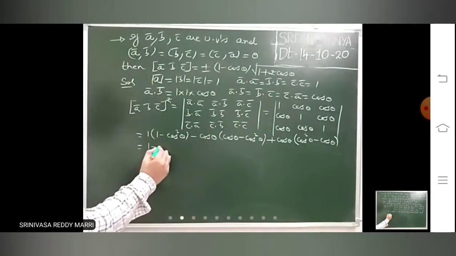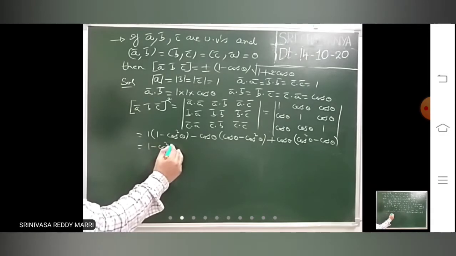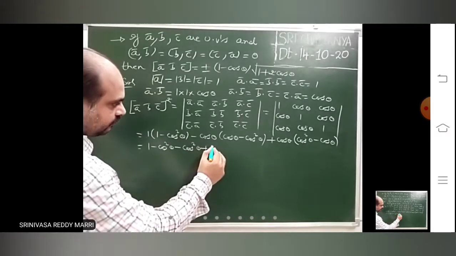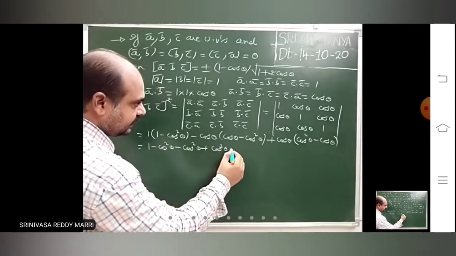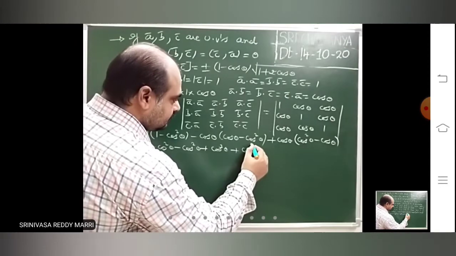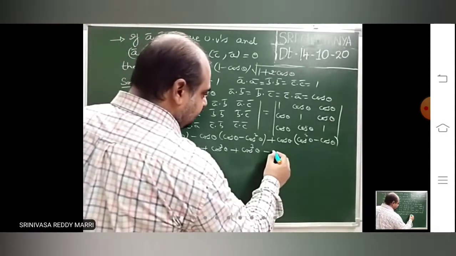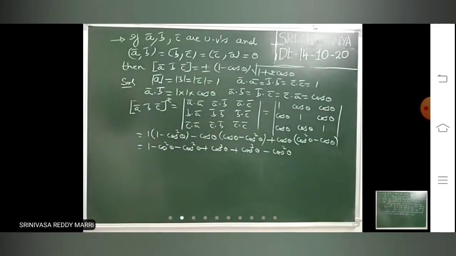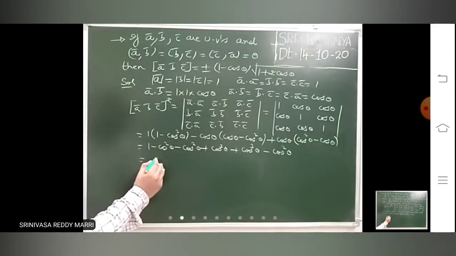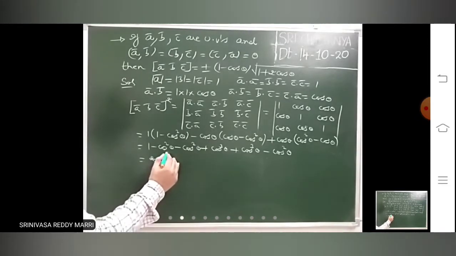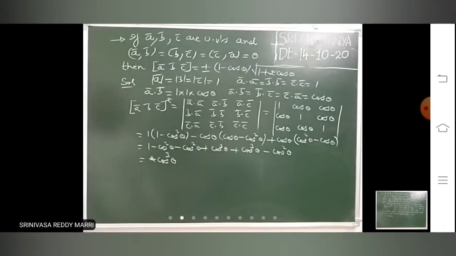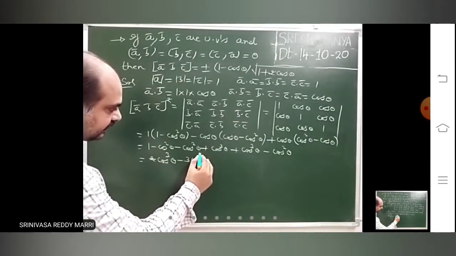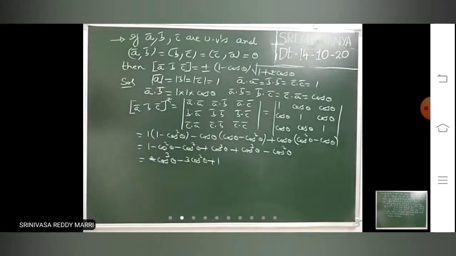Expanding, you get plus cos cube theta plus cos cube theta minus cos square theta. That means you get the expression 2 cos cube theta minus 3 cos square theta plus 1.